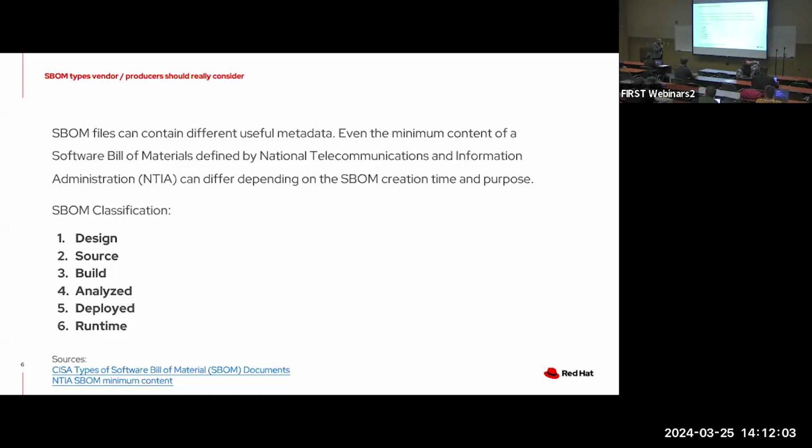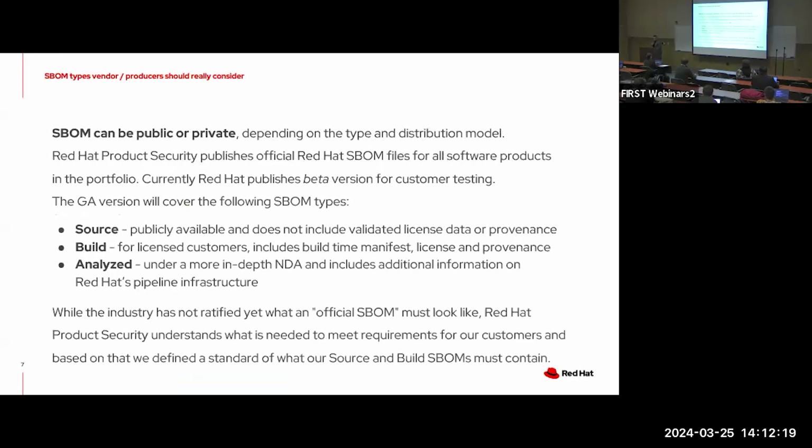Deployed is another type of SBOM specifically associated with the product that is deployed in the customer environment, and runtime focuses on the runtime artifacts. Now, an SBOM can be public or private, depending on the type and also depending on the vendor's, the software producer's, distribution model.